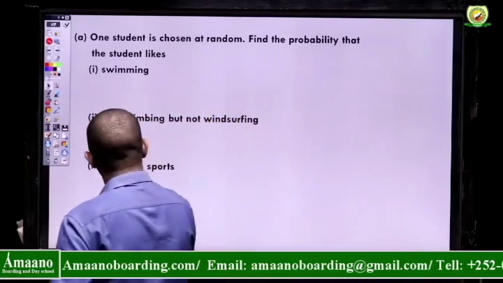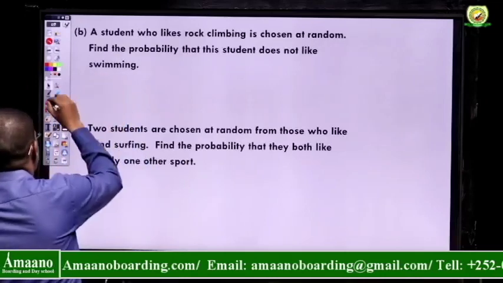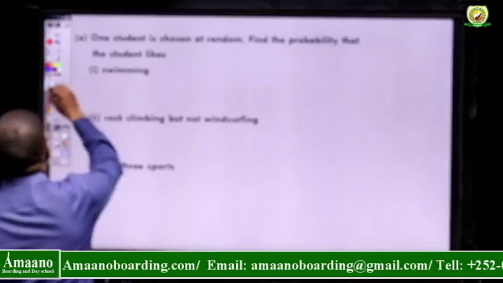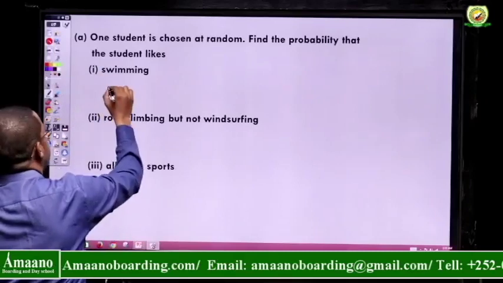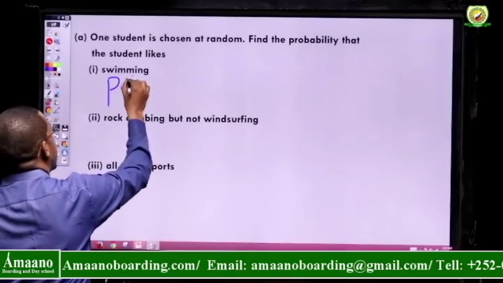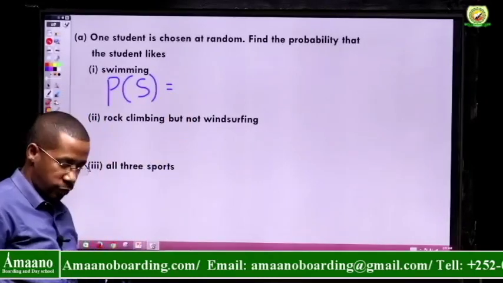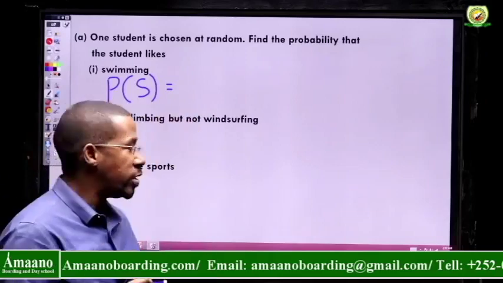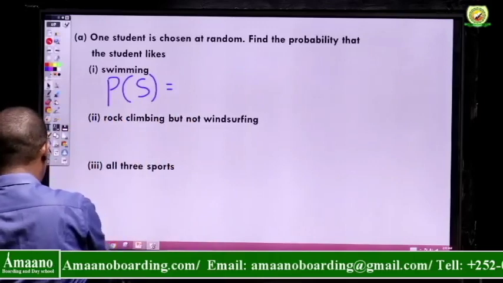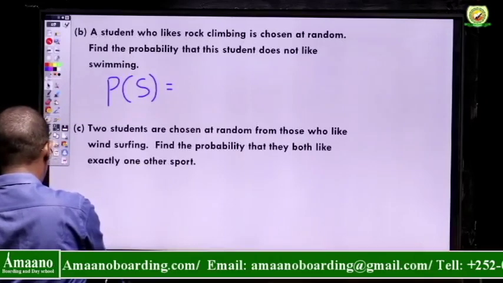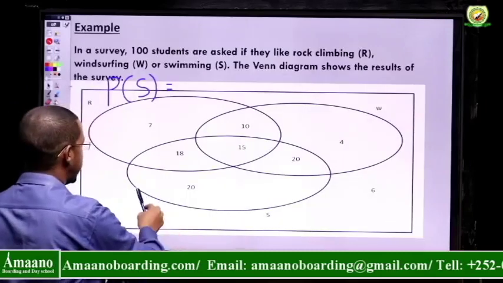Let us say probability of S. If we need the probability of swimming, first we need to know how many students like swimming. We go back to our Venn diagram and check. Swimming is here.